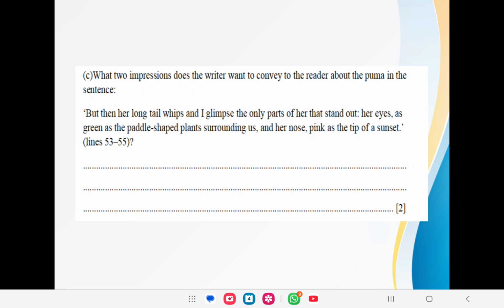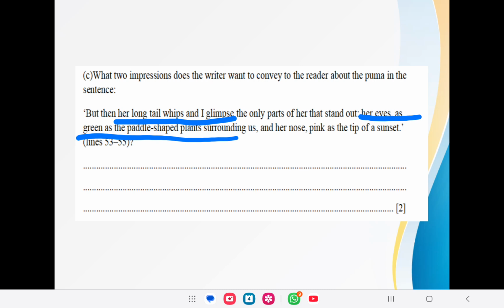First thing is her long tail whips. That tells how alert the animal is. If her tail is whipping, that means the animal is alert. I glimpse the only parts of her that stand out, the different parts of her body, her eyes as green as the plants.